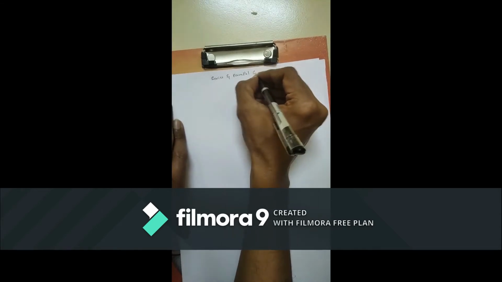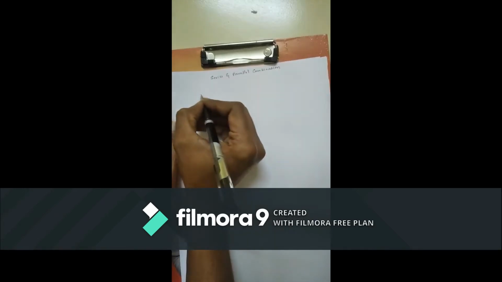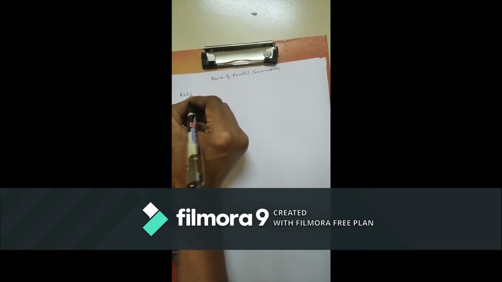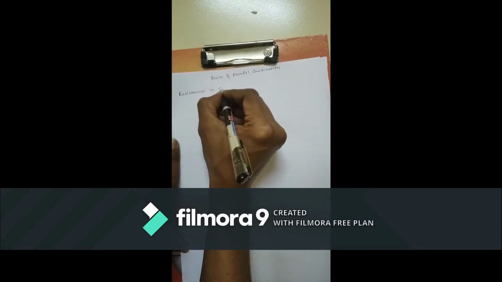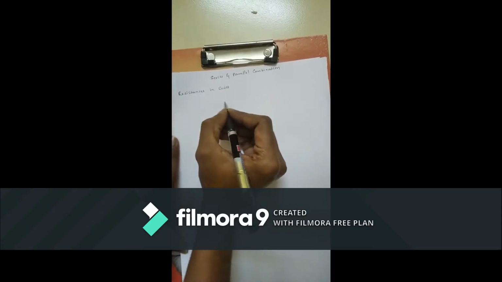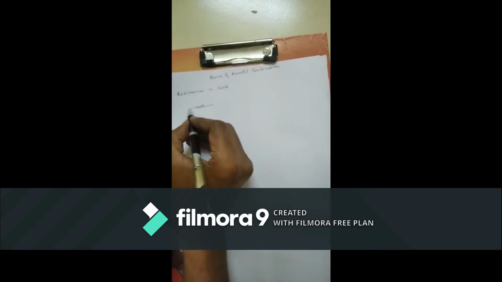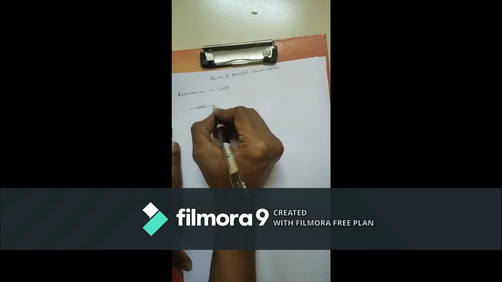Series and parallel combinations. First I will discuss the series combination of resistances, or resistances in series. For a resistance, this is called the head of the resistance and this is called the tail. In a series combination, the tail of the first resistance is connected to the head of the second resistance.